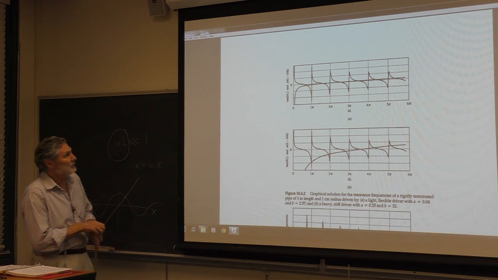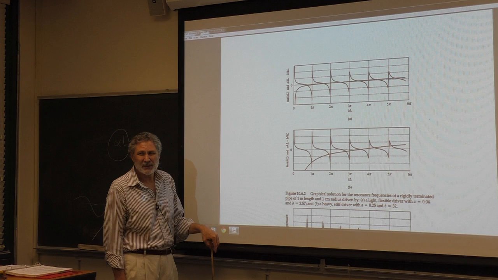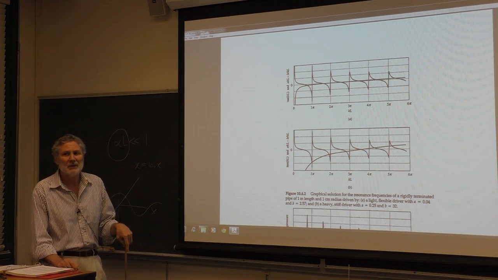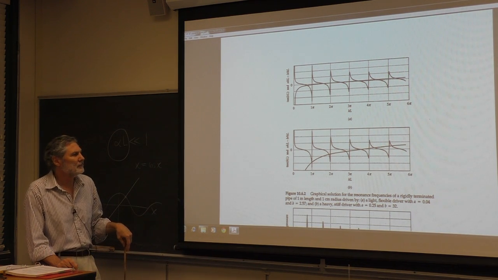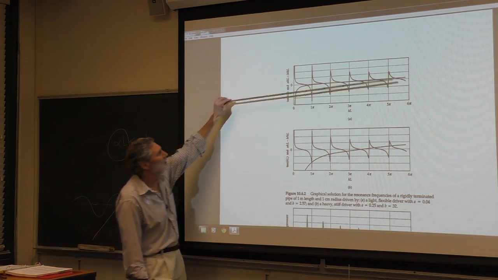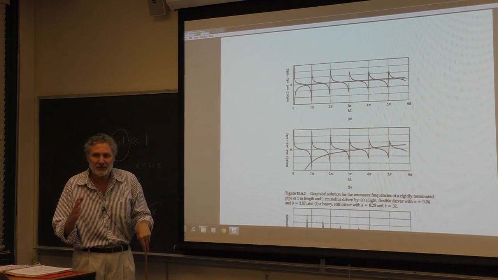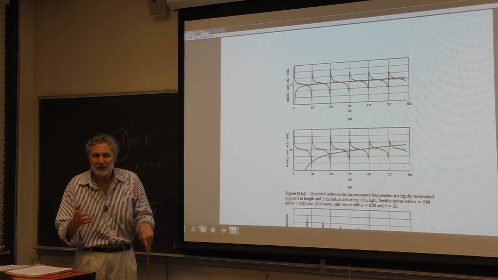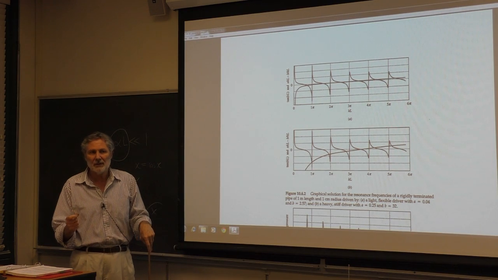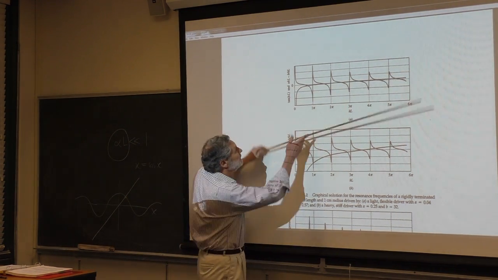In fact, yesterday we essentially had this massless piston, no mass, no stiffness, no damping. That's essentially a 0.